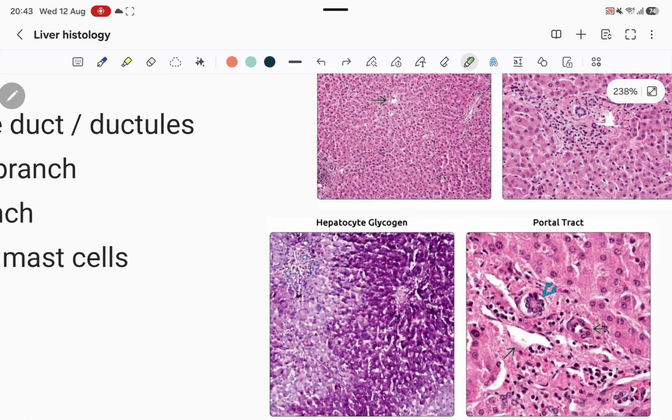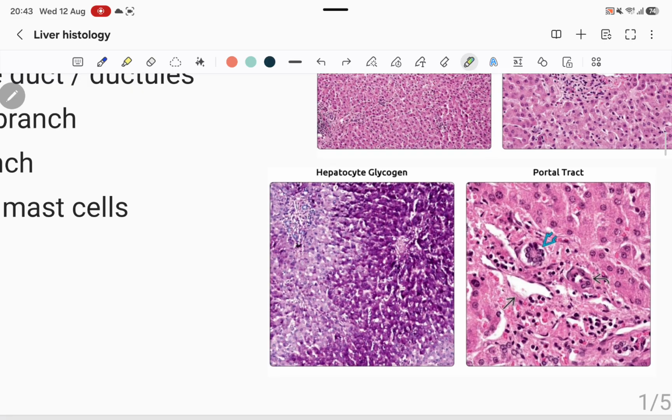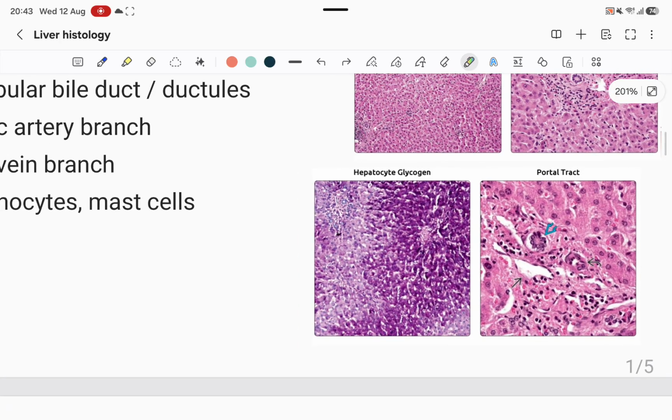Easy. Glycogen is stained by the PAS stain, and it shows the glycogen and the reticular collagenous fibers in the liver, because the liver has reticular collagen. It doesn't really matter, but that's the idea of this photo.